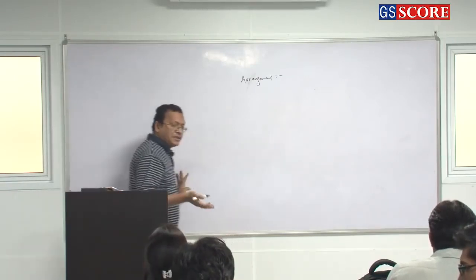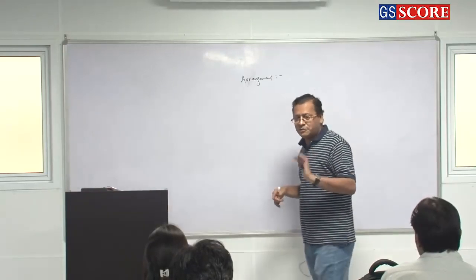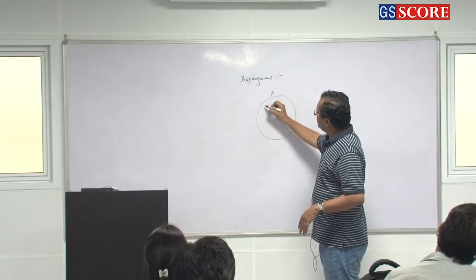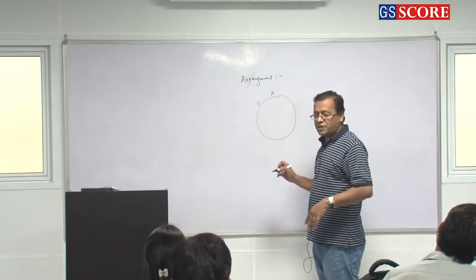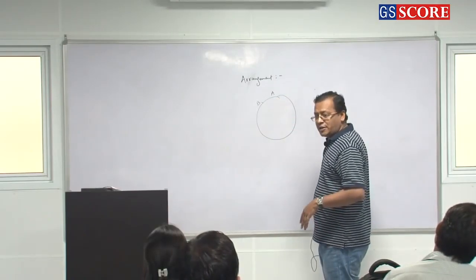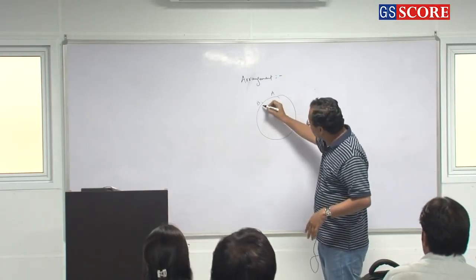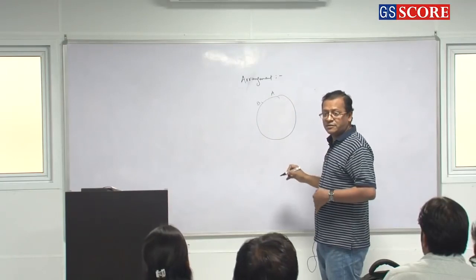Okay. Now if it is a circular arrangement, A, B, if it is linear, I just told you yesterday, right is clockwise, left is anti. If circular, everybody is facing the center.